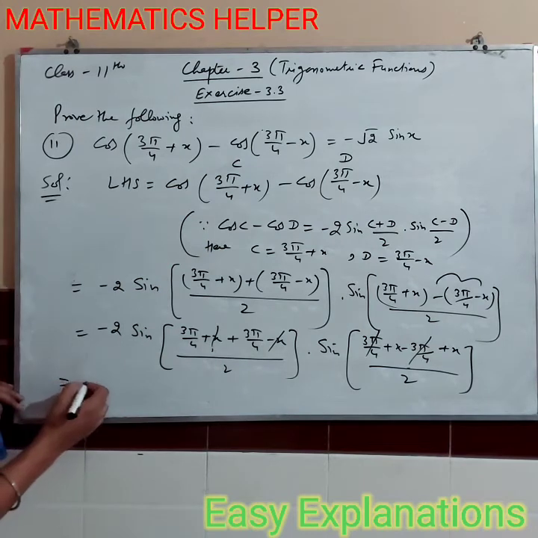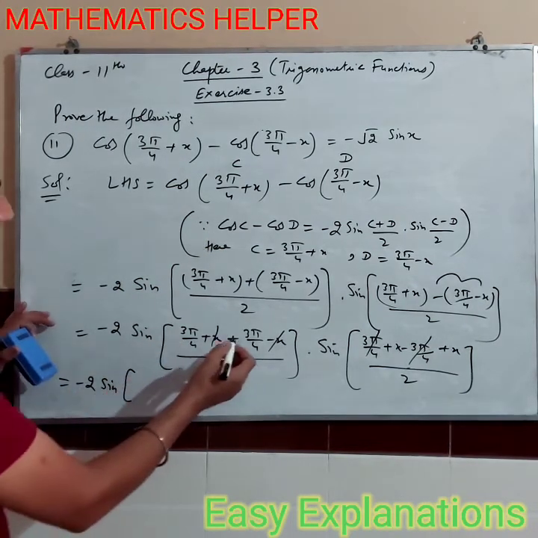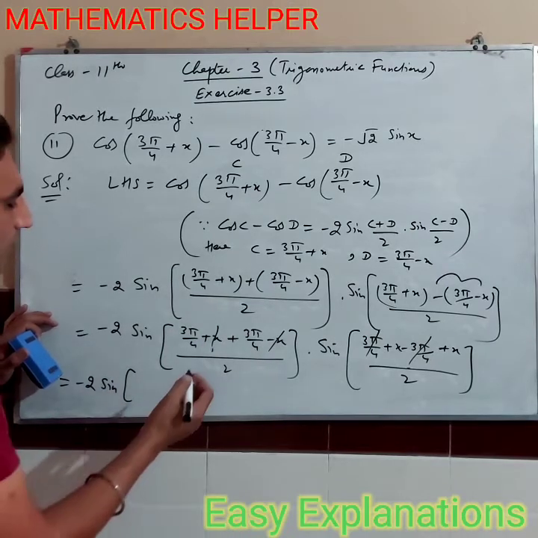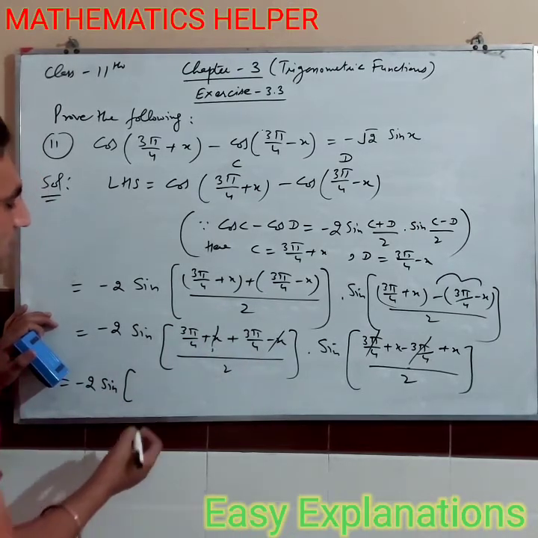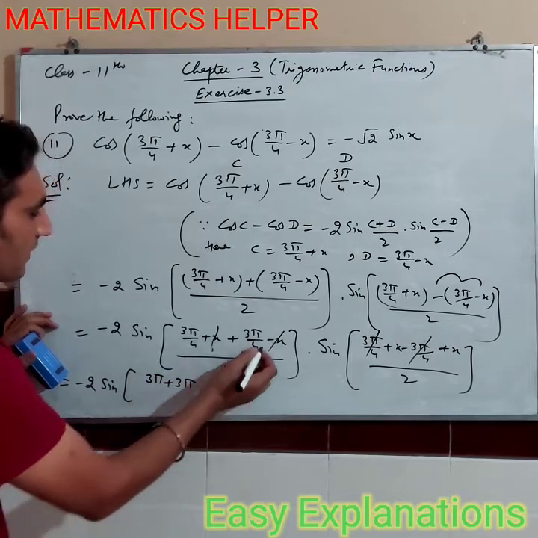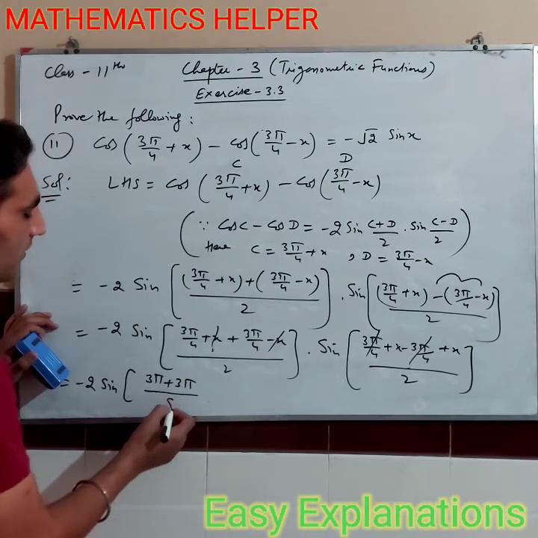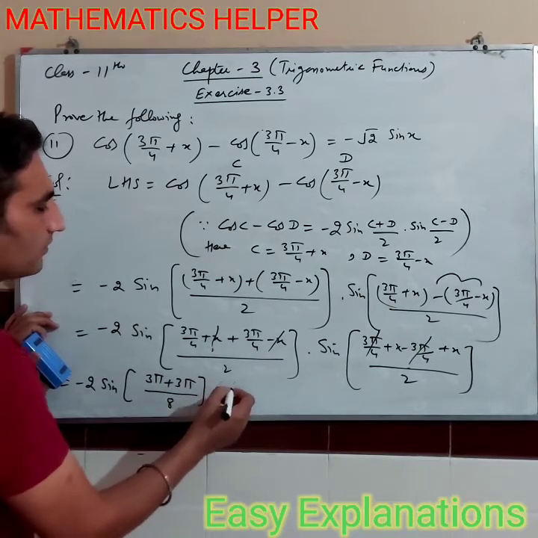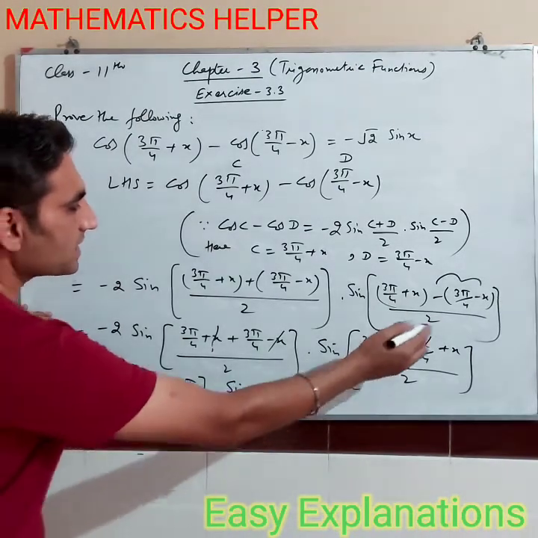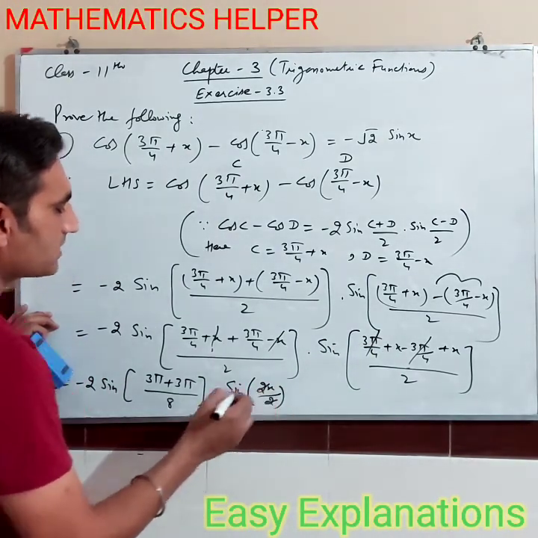So we are left with minus 2 sin of 3π/4 plus 3π/4. If 4 is their LCM, we have 3π + 3π, and that 4 goes in the denominator and gives us 8. And into sin, this is x + x, 2x over 2, x cancelled.